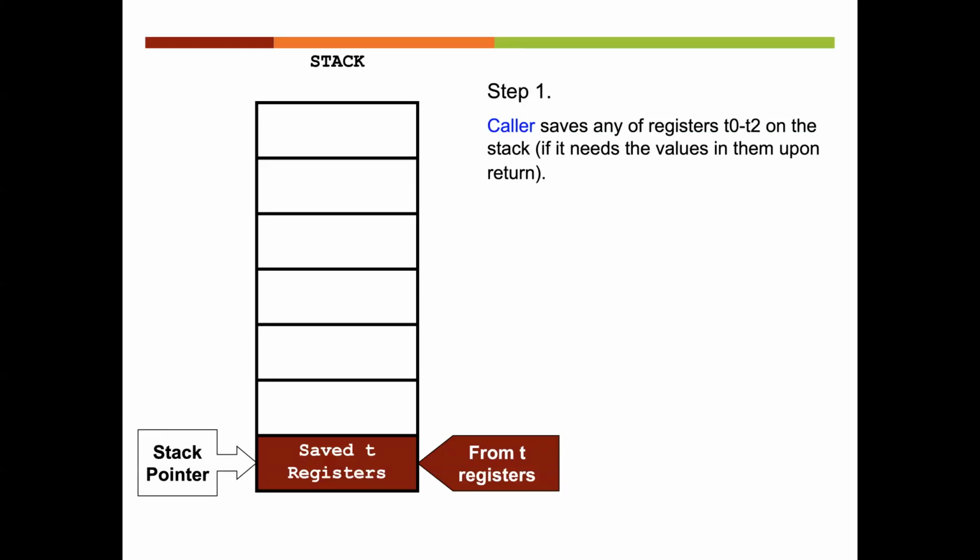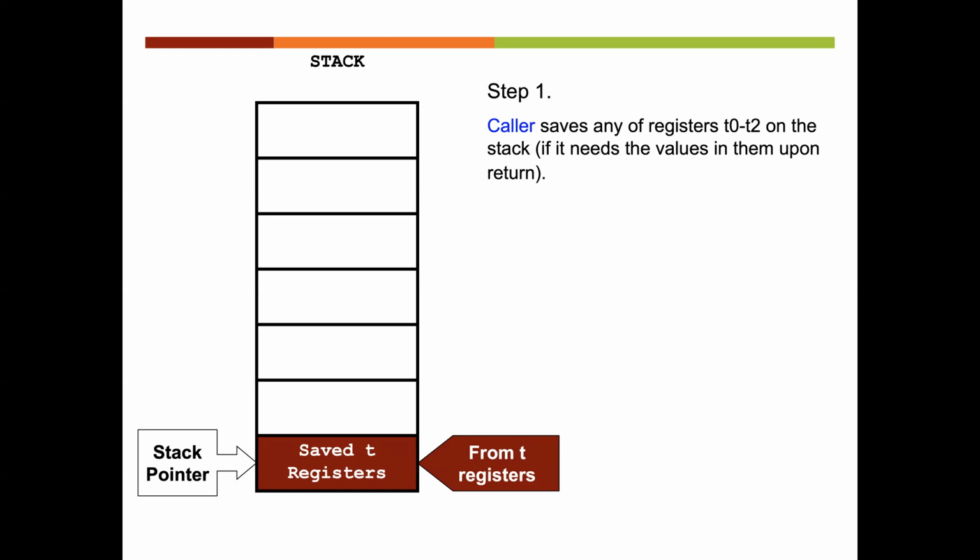Let's work through an example to illustrate how we make use of the stack or activation record with regards to our stack pointer. At first, the first step is that we need to have the caller save its appropriate registers on the stack.